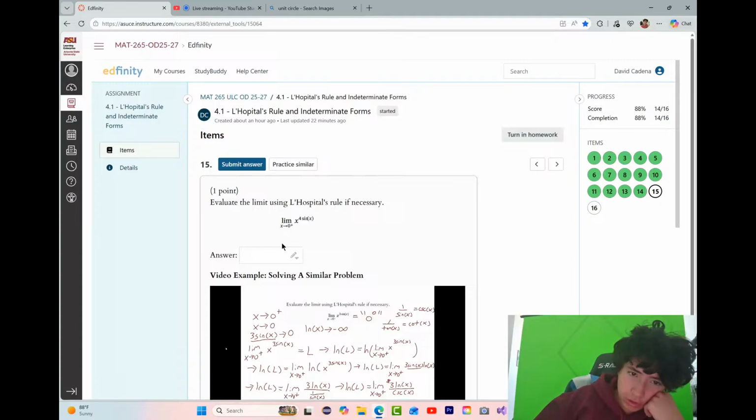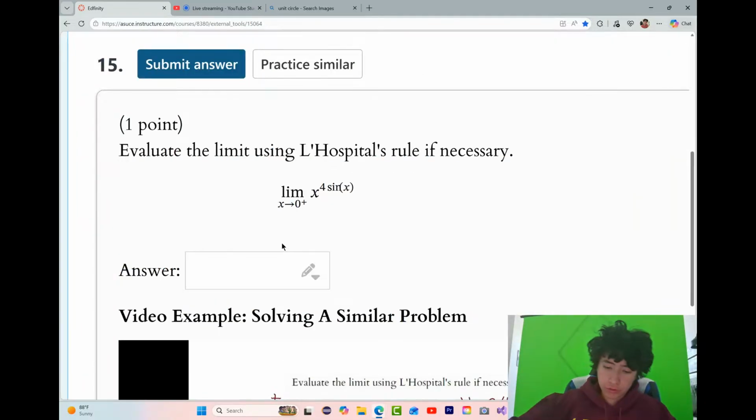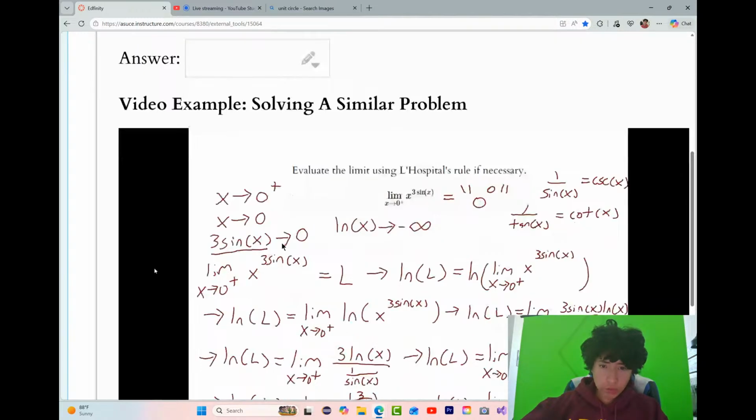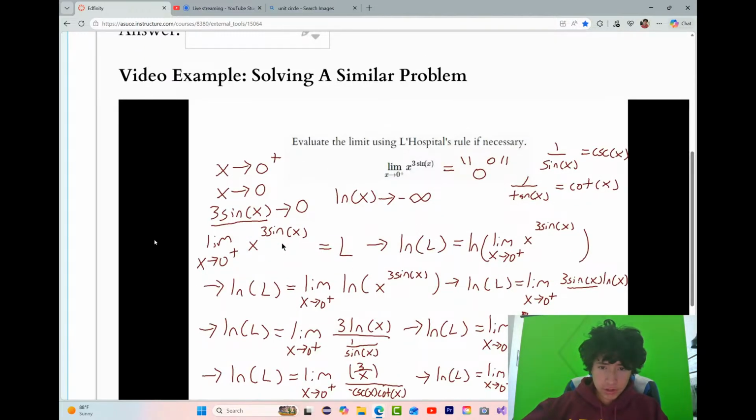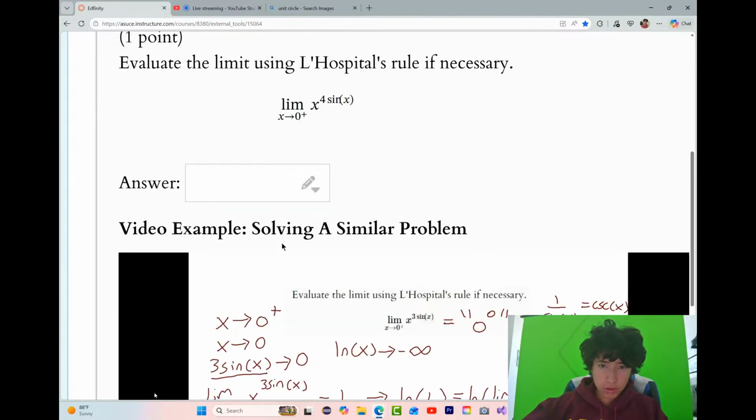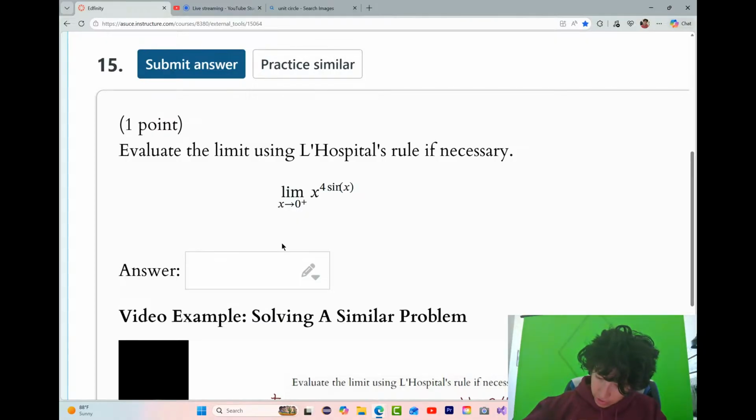All right, so let's do up till what we know how to do. We have the limit as x tends to 0 from the right of x to the power of 4 sine of x. We notice this is going to equal 0 to the power of 0. Perfect.